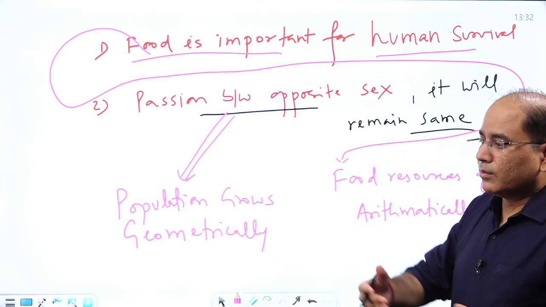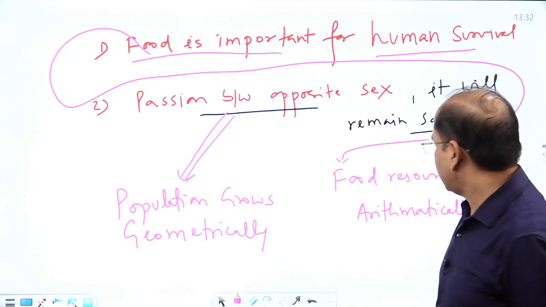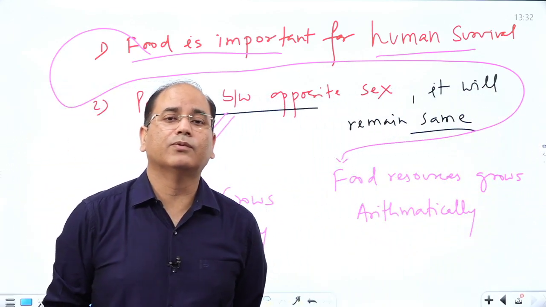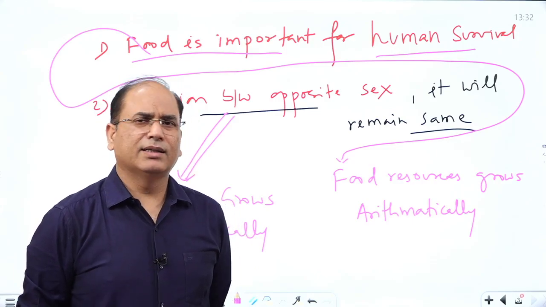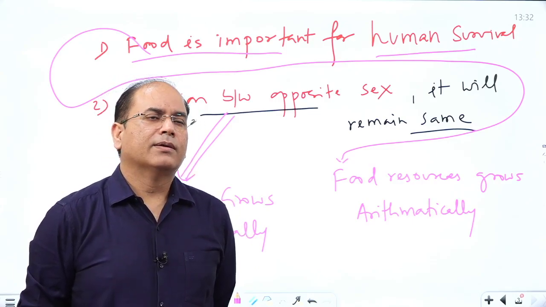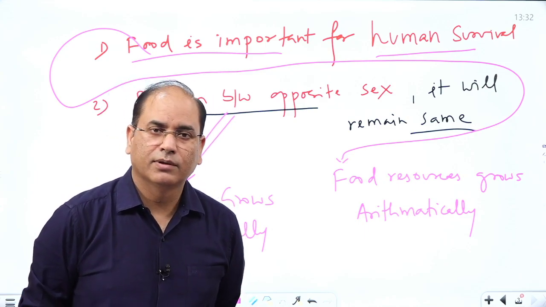So there will be a geometric growth of what? Population. And there will be arithmetic growth of what? Arithmetic growth of the food resources. That was the basic premise on which Malthus constructed his whole idea, his whole concept.